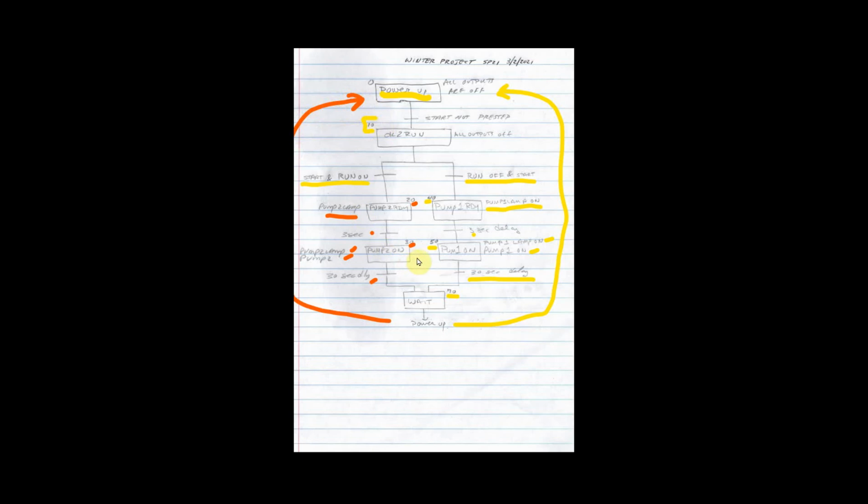So the neat thing about this is that when I'm in state 20, for example, or 30, or 70, if the run switch turns off, I'm not looking at it anymore. So I just basically ignore that until I get back around to the top, and then I make a decision what to do again.